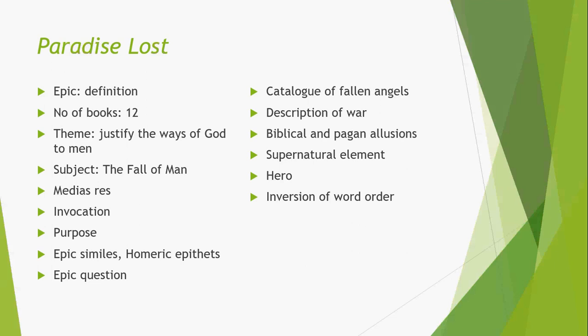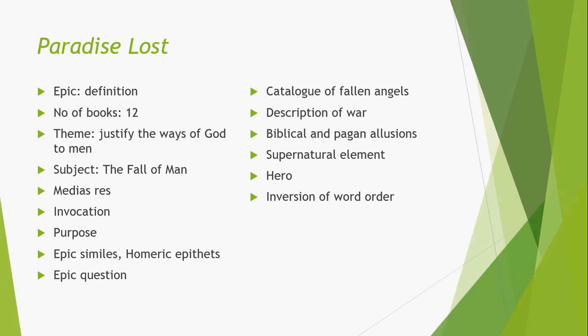So the subject of Paradise Lost is the fall of man, how Adam and Eve, Hawa alayhi salam and Adam alayhi salam, were first in heaven, in paradise, but then they were tempted by Satan. S-A-T-A-N, Satan is the English word that we use for shaitan in Urdu. So they were tempted by Satan, they disobeyed God, and they were thrown on earth.